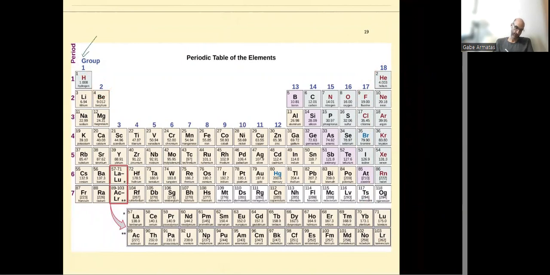Both of those would work. I'll just name them: alkali metals, 2, alkaline earth metals, noble gases, and then finally, halogens.